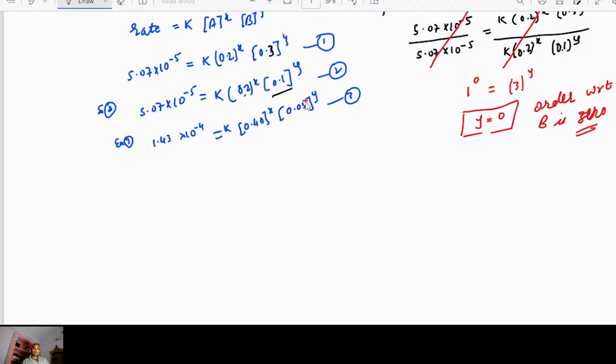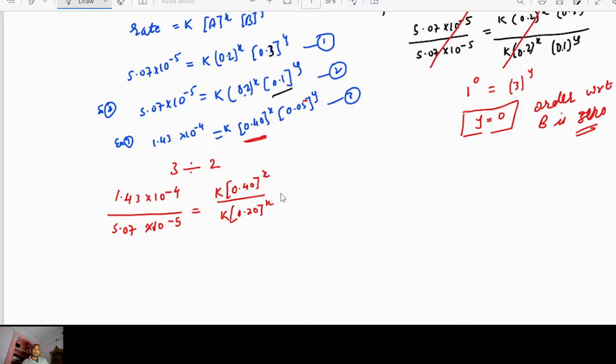Here 0.5 is given, so 3 divided by 2: 1.43 × 10^-4 divided by 5.07 × 10^-5 equals k × 0.4^x × 0.05^y, divided by k × 0.2^x × 0.1^y.